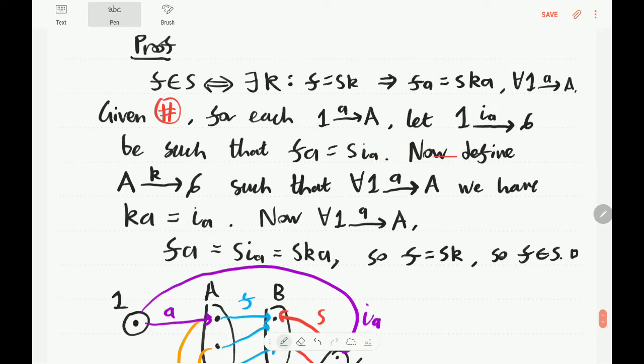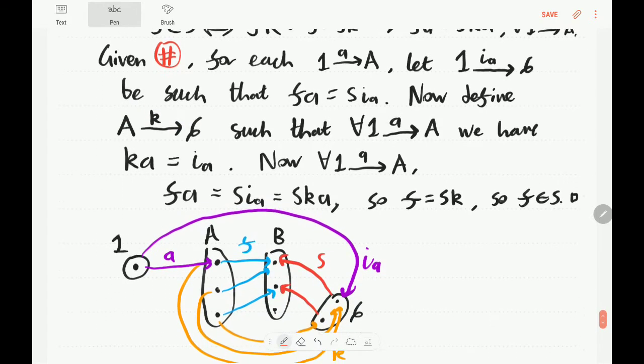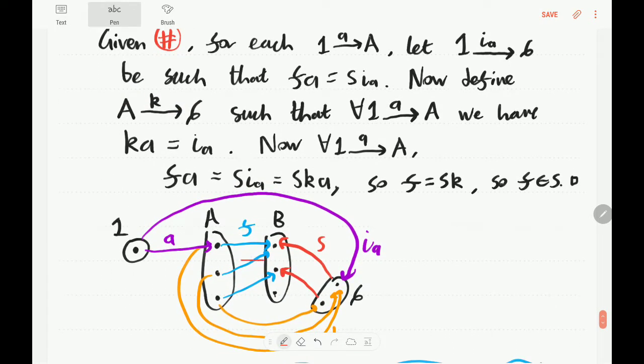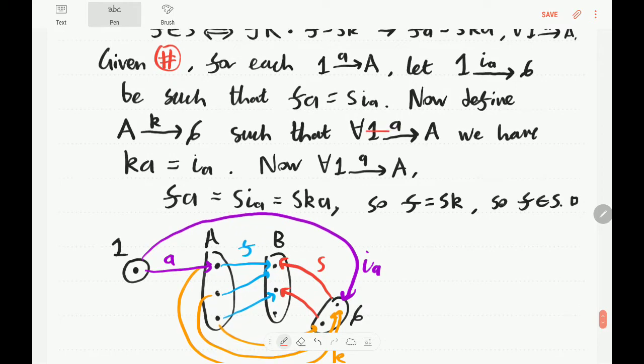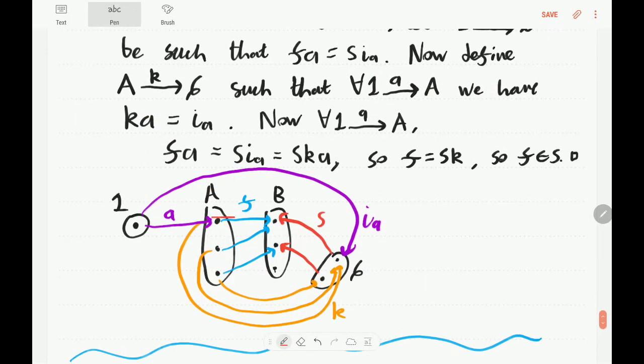Now we define an arrow or a function k from A to zeta such that for every point of A, we have that ka equals ia.